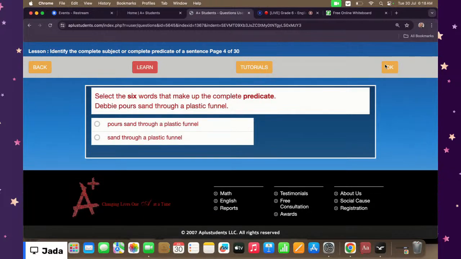Okay, good. So now next one, select the six words that make up the complete predicate. Debbie pours sand through a plastic funnel. What are the six words here that make up the predicate?